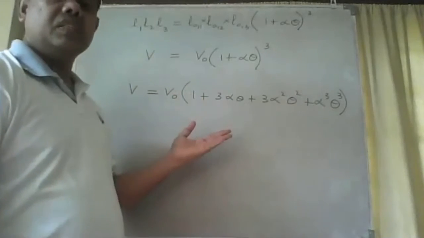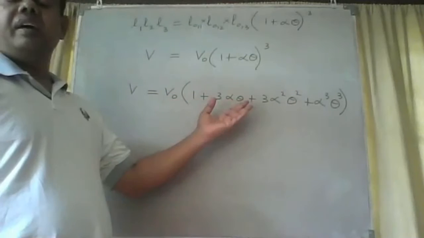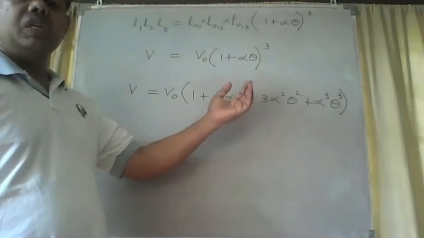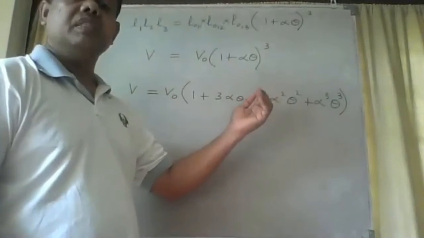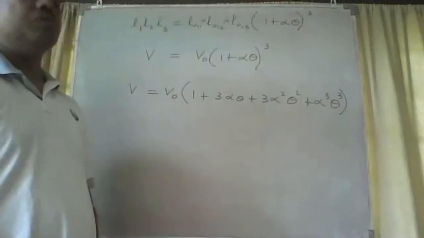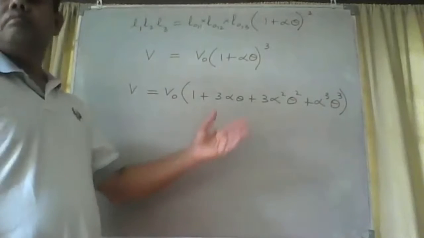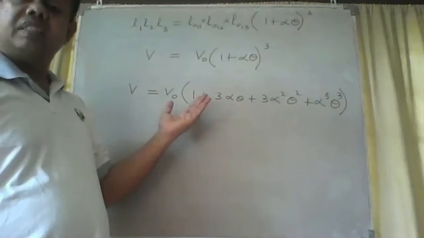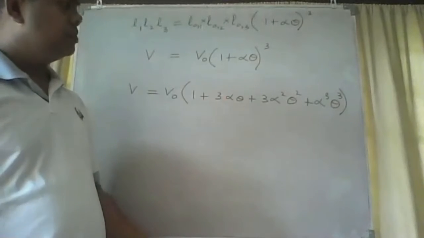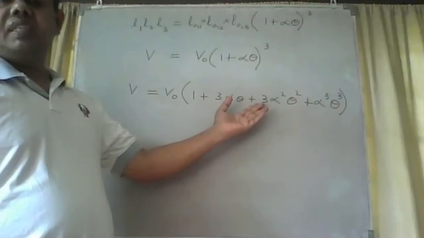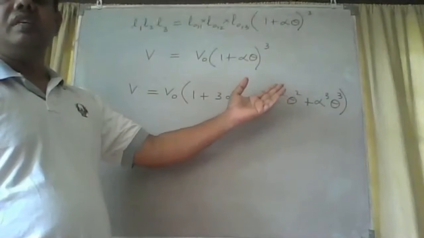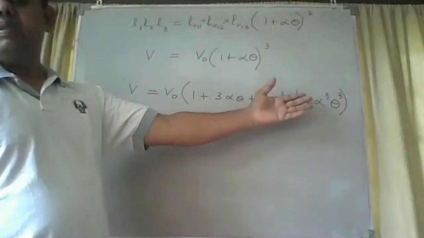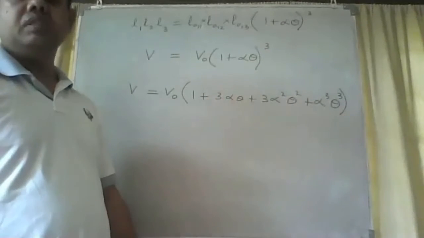Since alpha is usually a very small value, alpha squared is an even smaller value, and alpha cubed is a further smaller value. Therefore, compared to 1 plus 3 alpha theta, 3 times alpha squared theta squared and alpha cubed theta cubed are negligibly small.